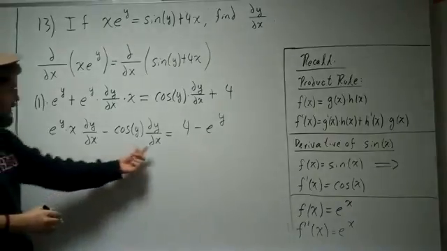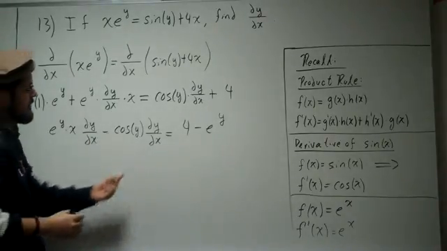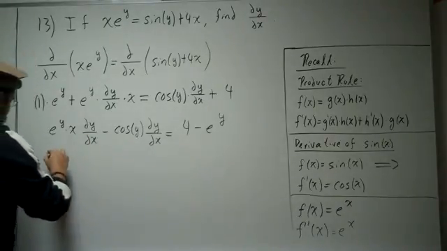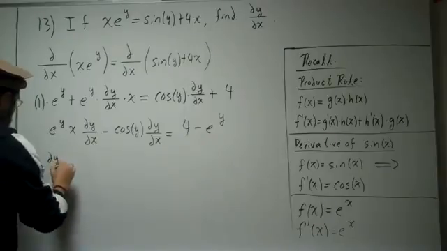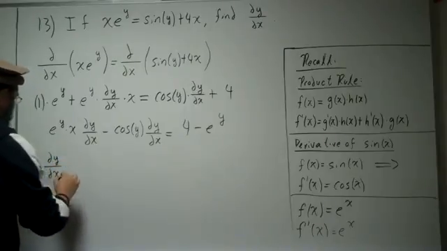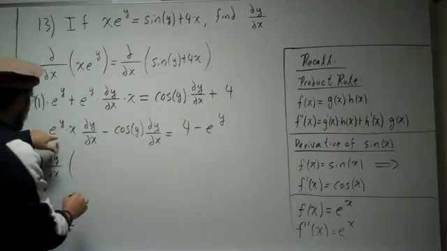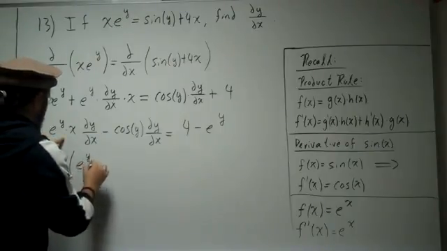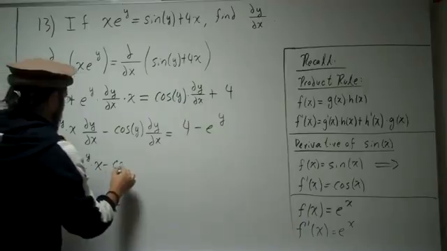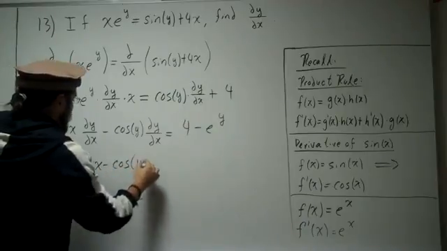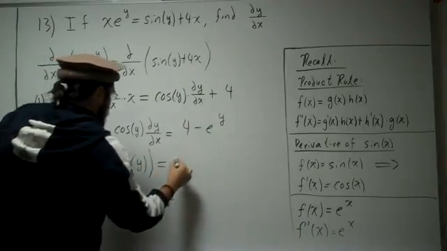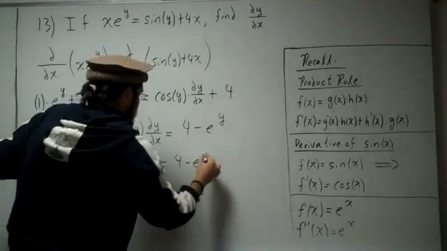I can factor out a dy/dx. So go ahead and factor that out. dy/dx, and I'm left with e to the y times x minus cosine of y. That's equal to 4 minus e to the y.